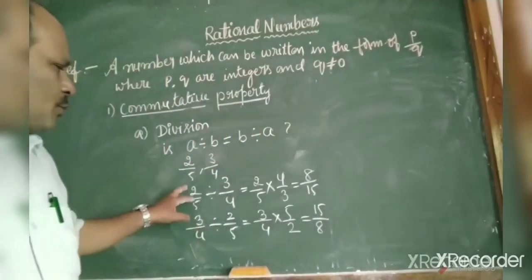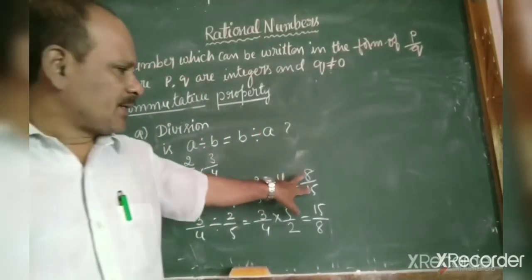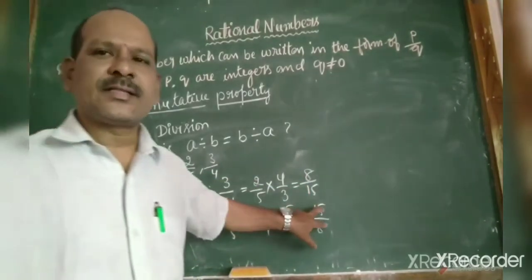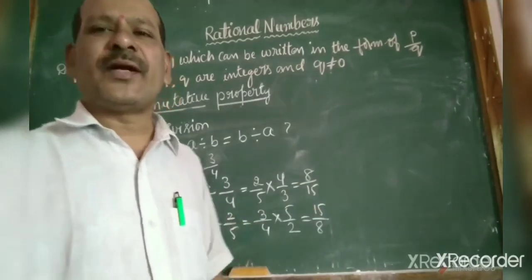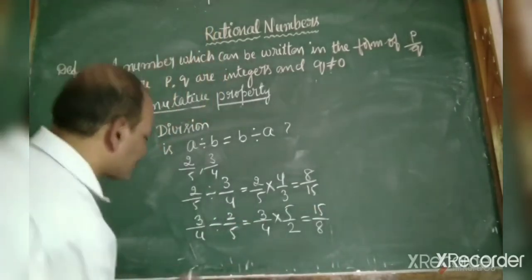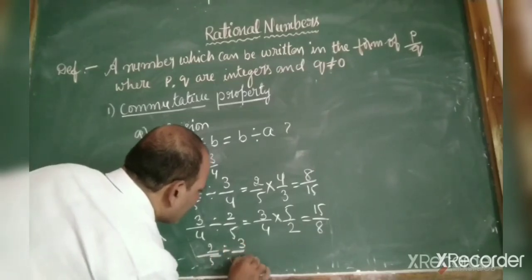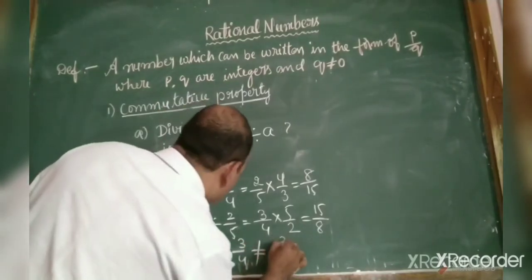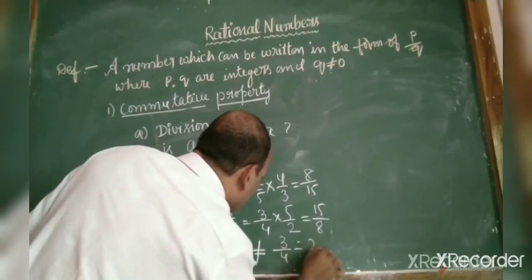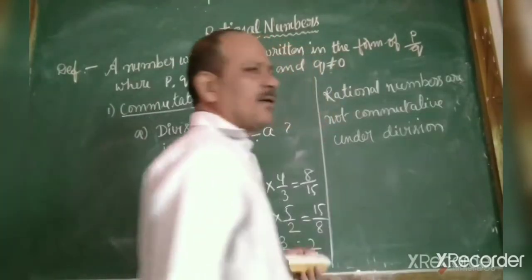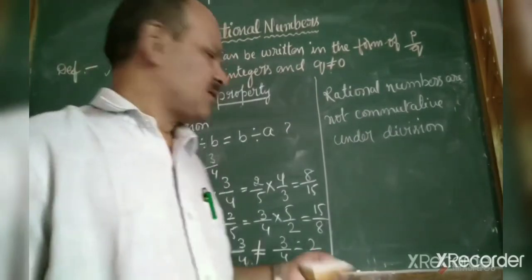See here, 2 by 5 divided by 3 by 4, I am getting the answer 8 by 15. 3 by 4 divided by 2 by 5, I am getting the answer 15 by 8. These two are different answers. They are not equal. So 2 by 5 divided by 3 by 4 is not equal to 3 by 4 divided by 2 by 5. From this I can say these numbers are not commutative under division.